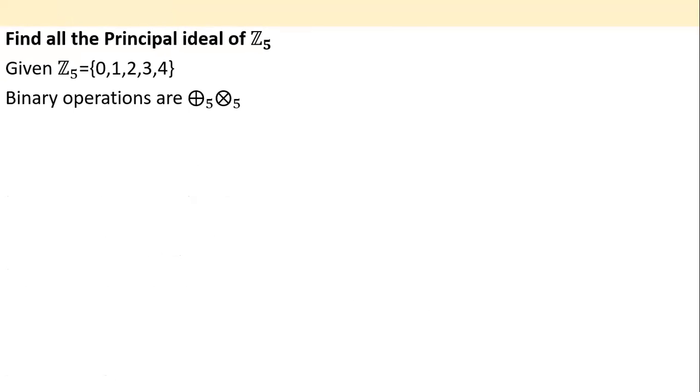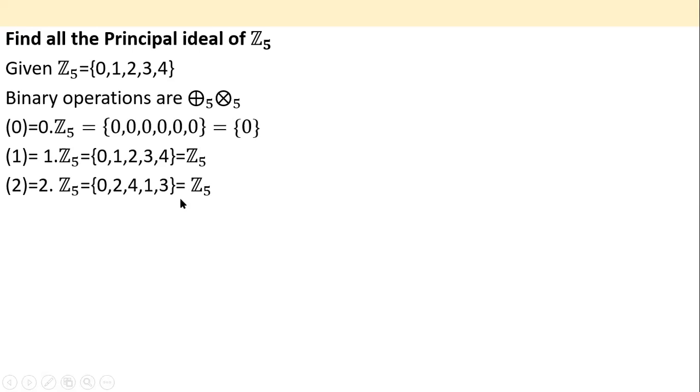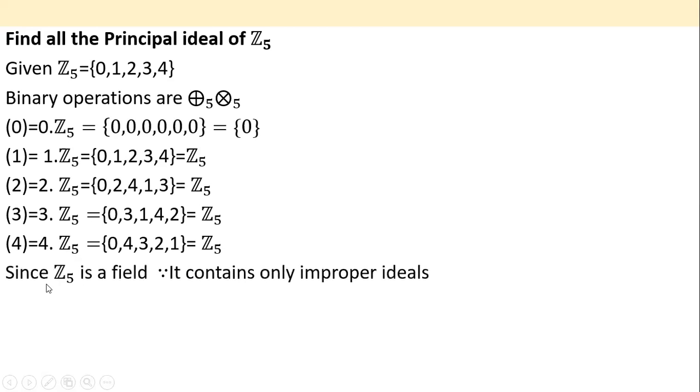Again, the binary operations are addition modulo 5 and multiplication modulo 5. 0 times Z5, you will get 0. 1 times Z5, you will get Z5. 2 times Z5, you will get Z5. 3 times Z5 also gives Z5. 4 times Z5 gives Z5. Therefore, since Z5 is a field, it contains only the improper ideals, which are 0 and Z5.